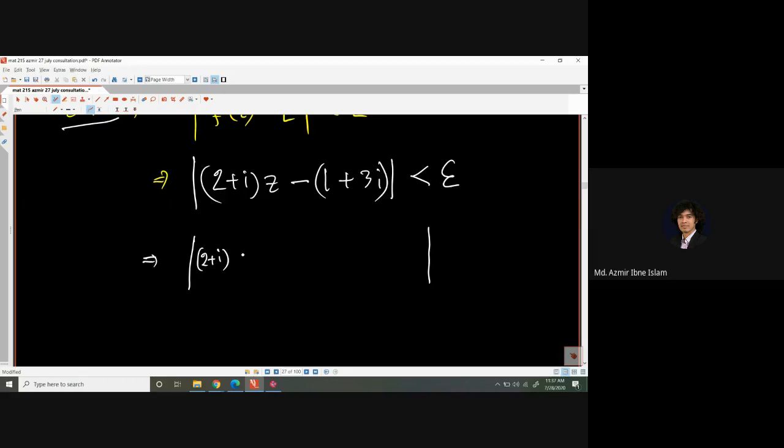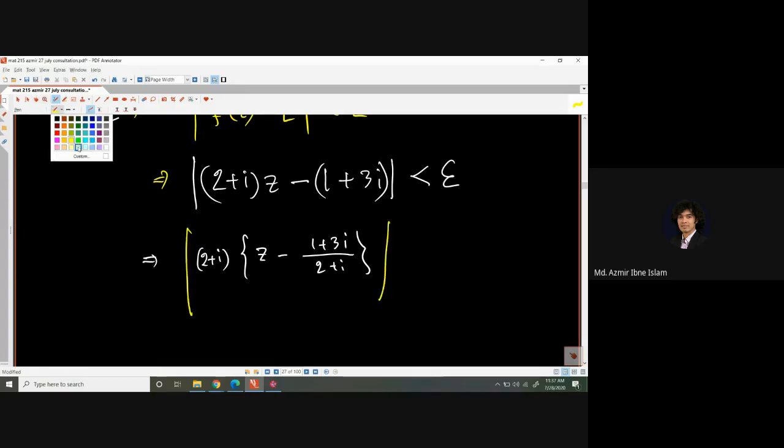So here, can we write this one? We can factor out 2 plus I. So z minus 1 plus 3I over 2 plus I. Can you do that? Yes, sir. Okay. Try to understand the process, because this process will always be the same for every problem.